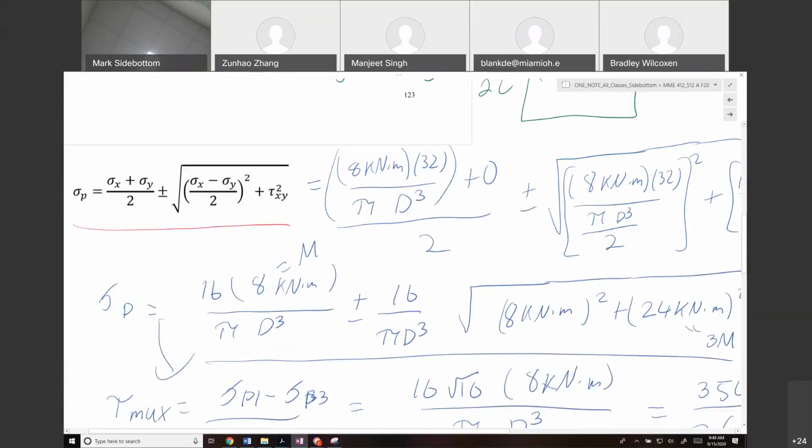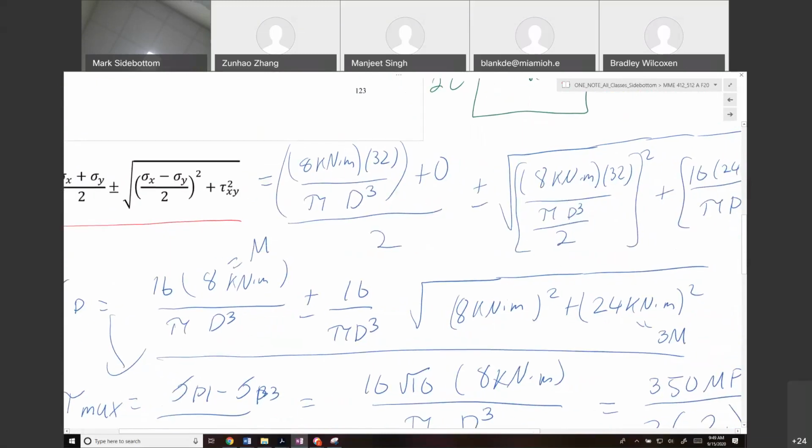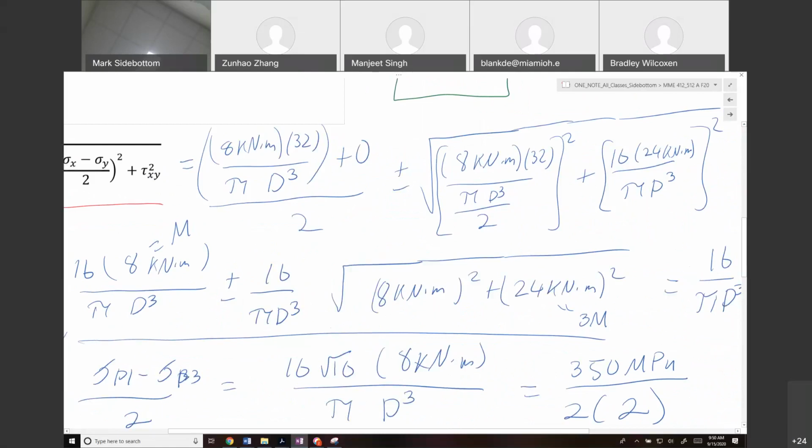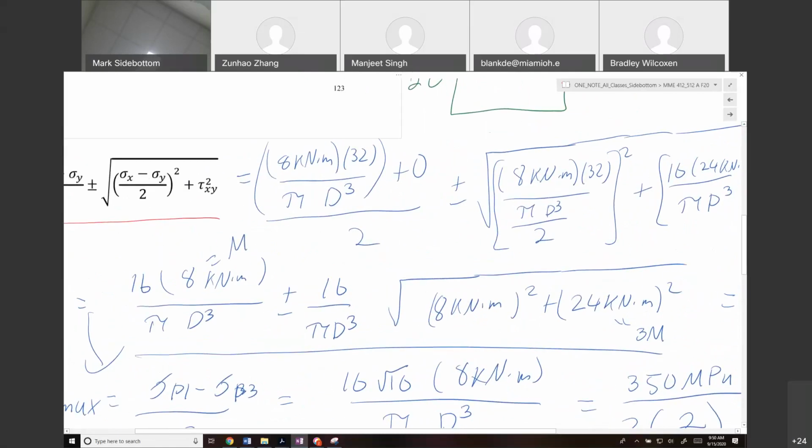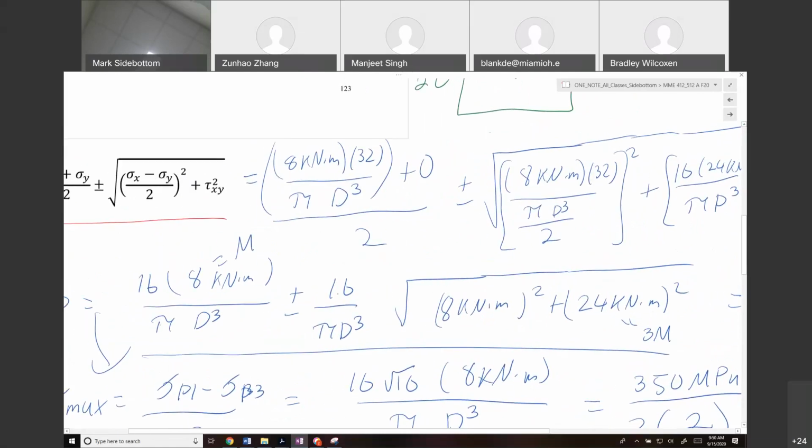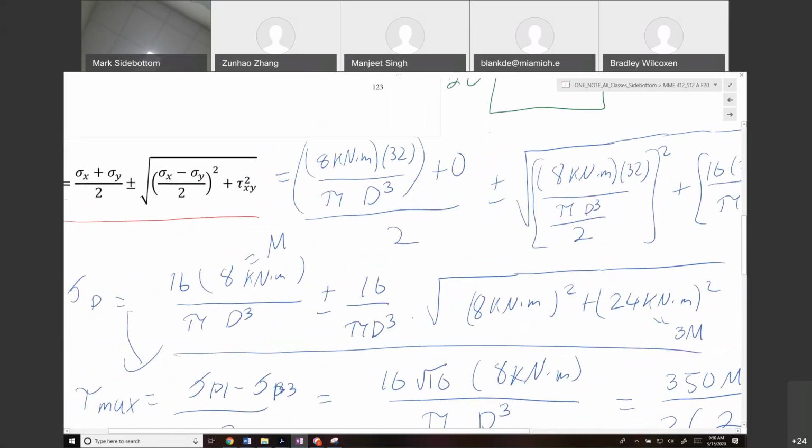When we solve this equation here, what we end up getting is that the term on the right-hand side of the equation is greater than the part on the left-hand side. So when we add the right-hand side to our equation, we get a principal stress that's positive.